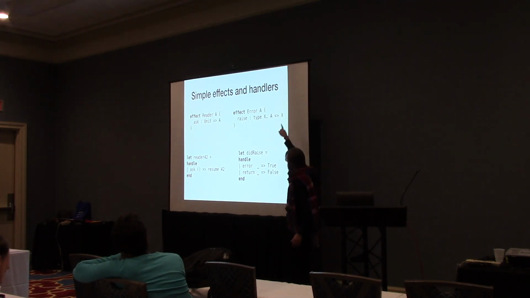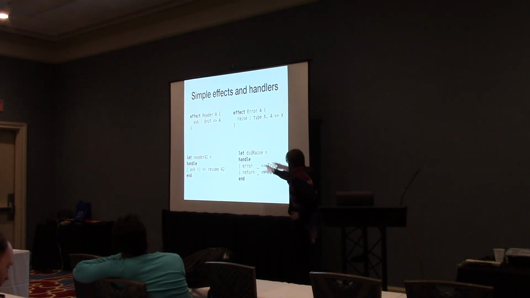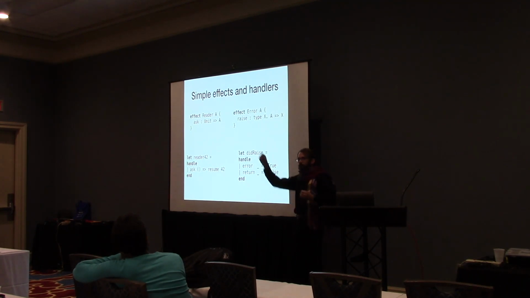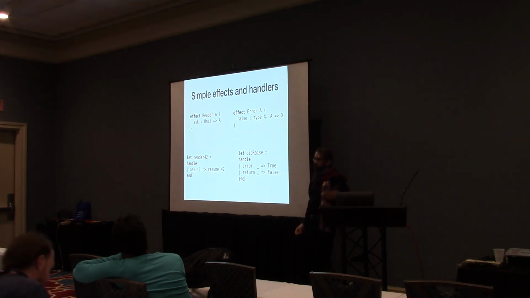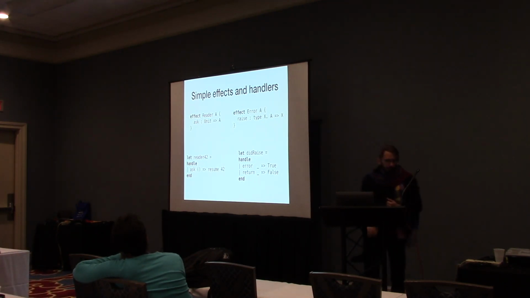These two look just like any other exception in a language with exceptions. So if an error was raised, we take this path. The control goes through the control stack, finds the place where the handler was located, discards the entire stack, and returns true. In the other case, we simply return false. So these are two very simple effects.